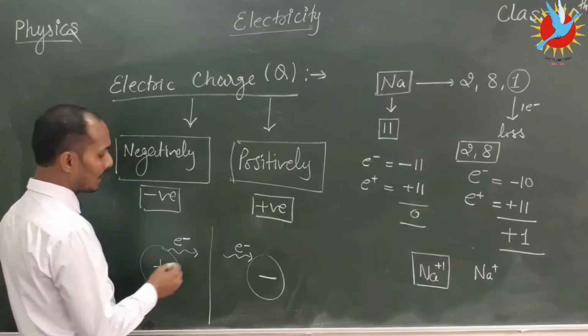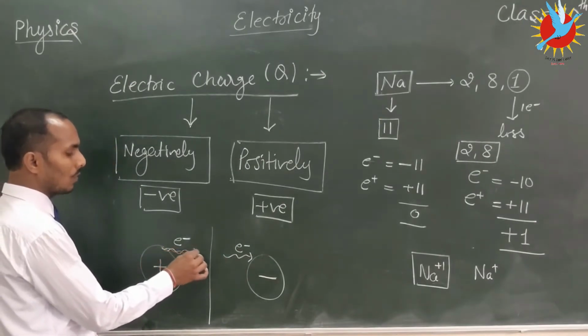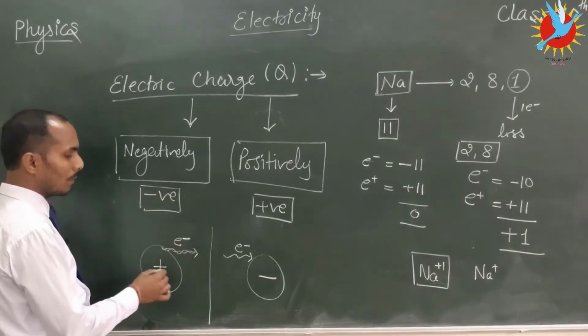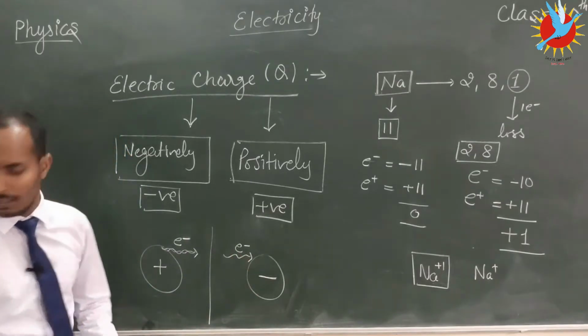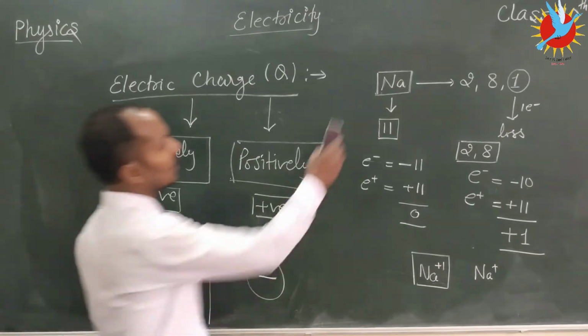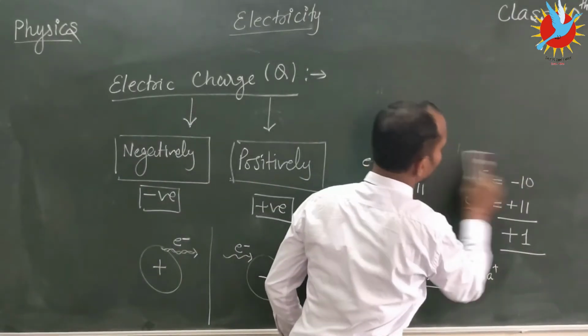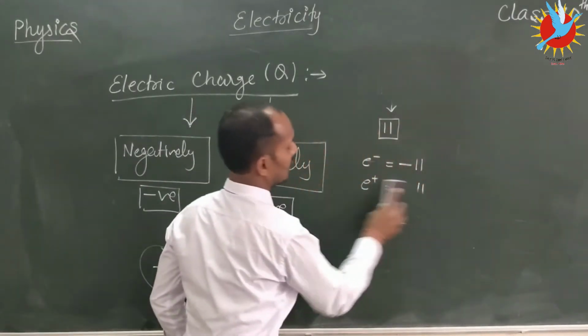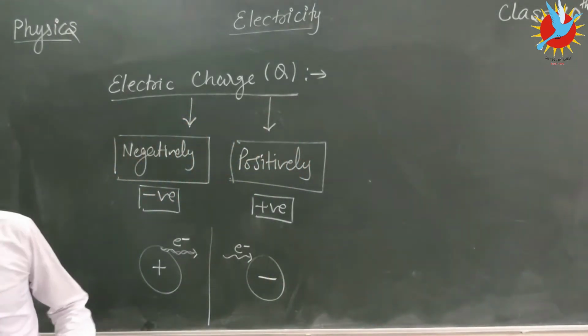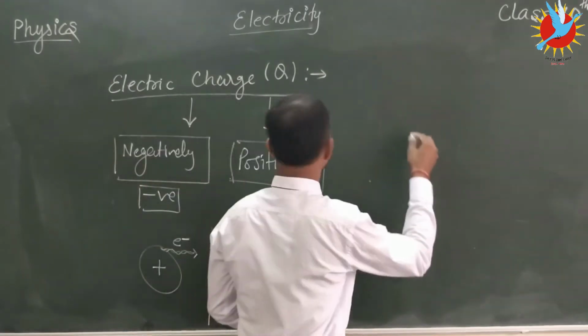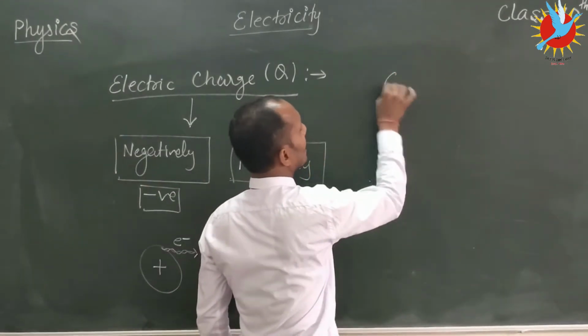In the same way, when an atom loses electrons, it becomes positively charged. Okay, take another example to show how an object becomes negatively charged.